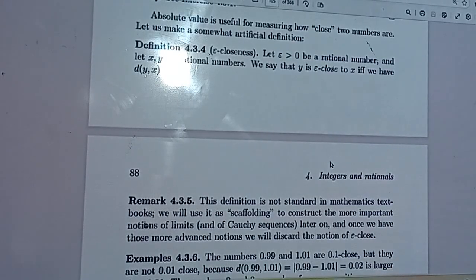You need to do all of them. I went through actually all of them. We will use this definition as scaffolding to construct the more important notions of limits and Cauchy sequences later on. And once we have those more advanced notions, we will discard the notion of epsilon close.